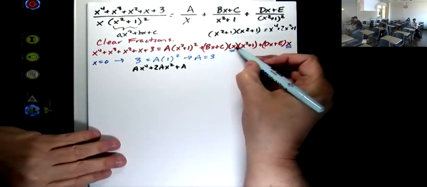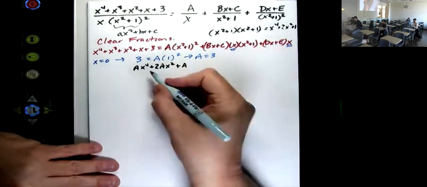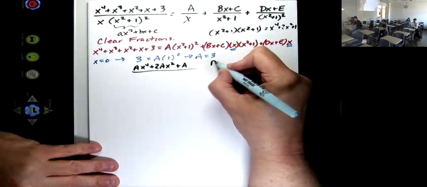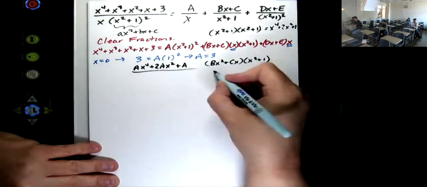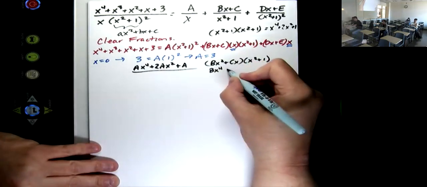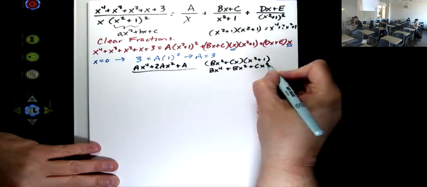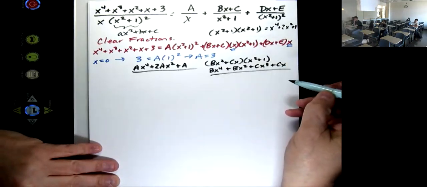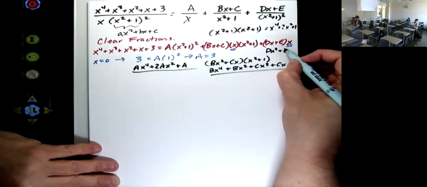This one's going to look ugly. Let's figure out what this one is. So that's the first one. Now we've got Bx squared plus Cx times x squared plus 1. I've got Bx to the 4th plus Bx squared plus Cx cubed plus Cx. That's one set I've got to add up. And that here is just Dx squared plus Ex.